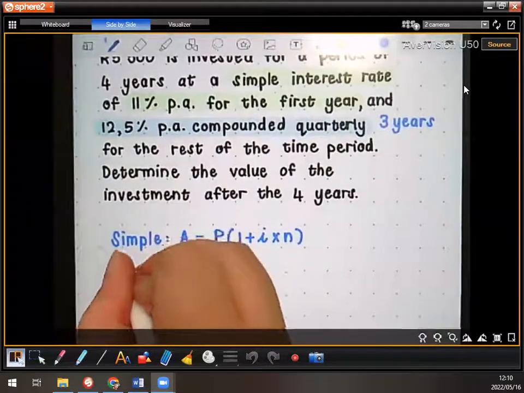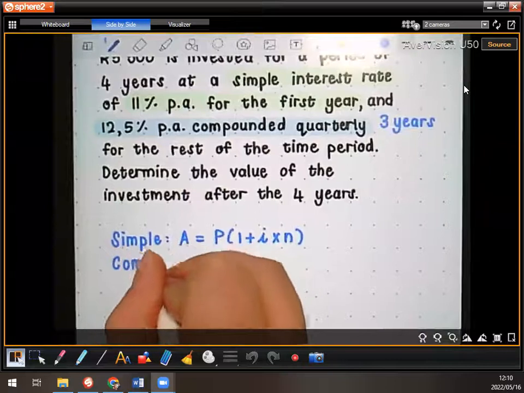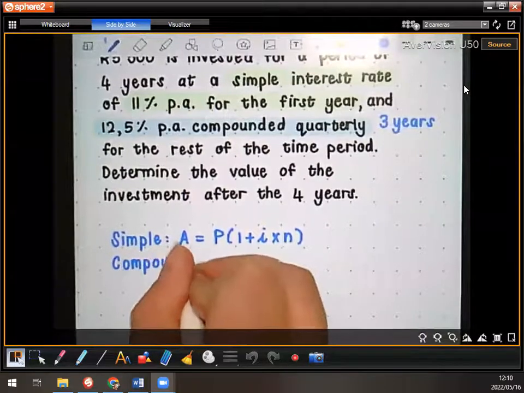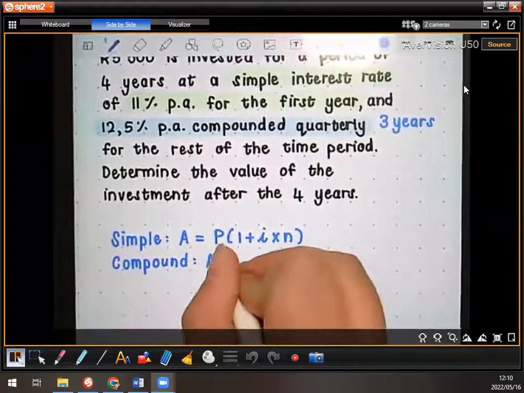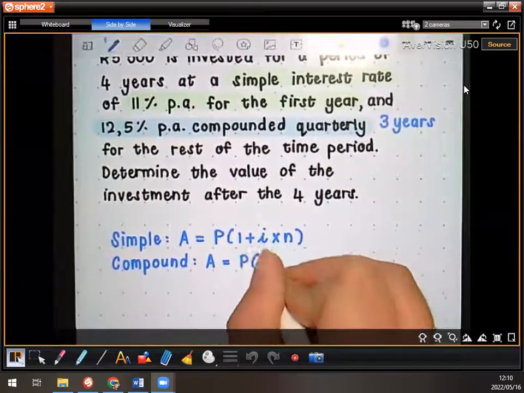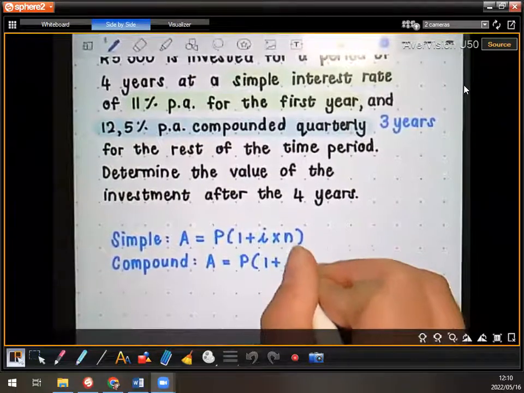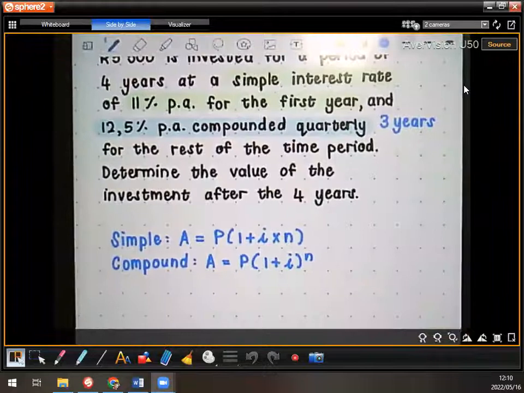And for the compound interest, we use this formula, A equals P bracket 1 plus i to the power of n. What we're going to do is combine these two formulas and do the whole calculation in one line.